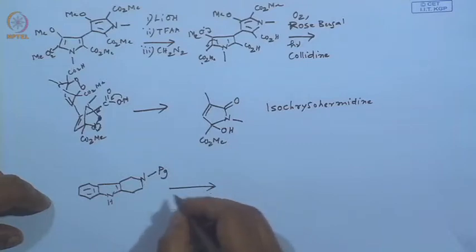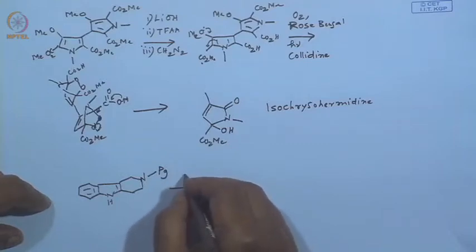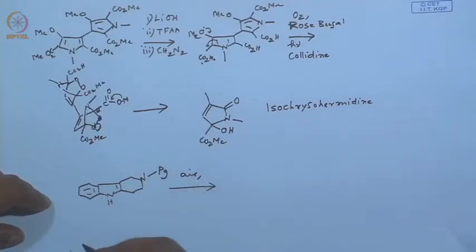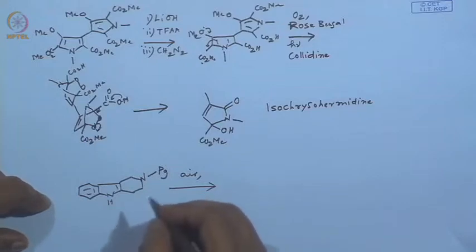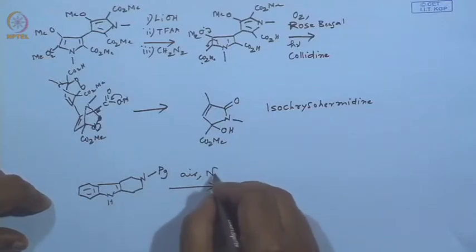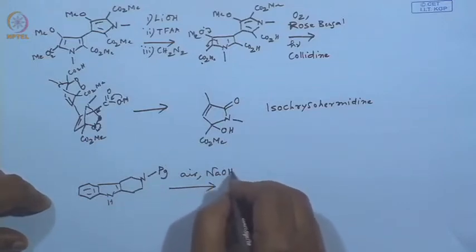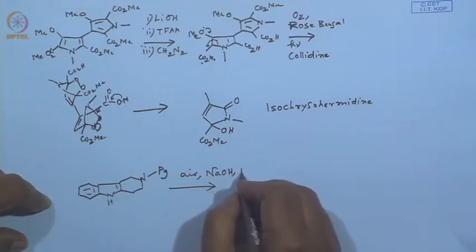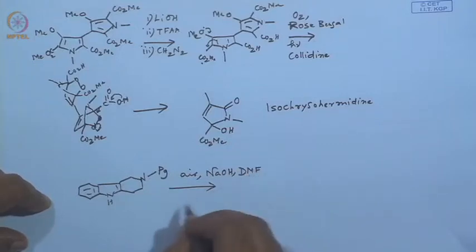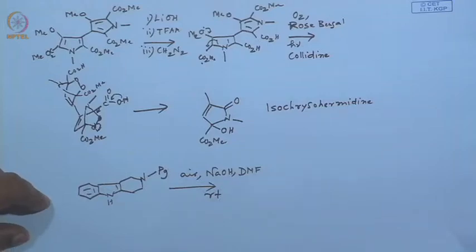Now, the simplest oxidation, which we often do in our lab for anthraquinone chemistry, is just air, sodium hydroxide and DMF, and you do not have to heat anything, just room temperature.